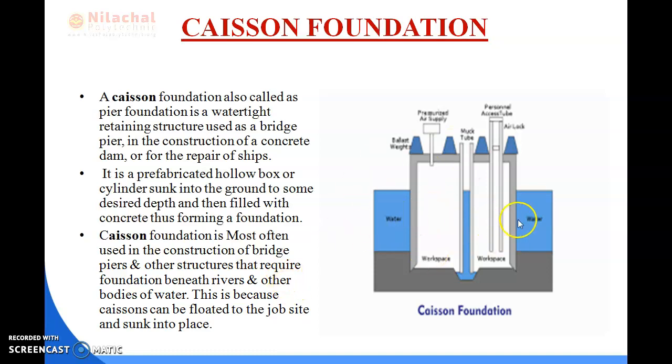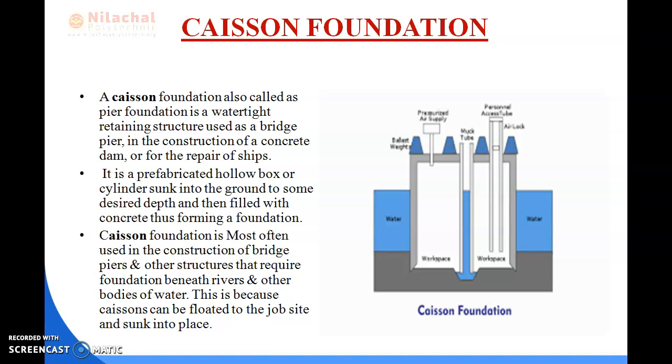See here, the water is present here. It is constructed for the foundations of bridge piers, abutments in rivers, dock structures and shore protection, etc. So the caisson remains in position and ultimately becomes an integral part of the permanent structure.